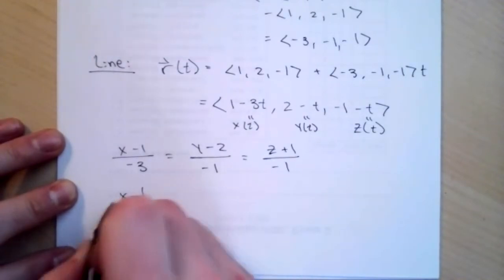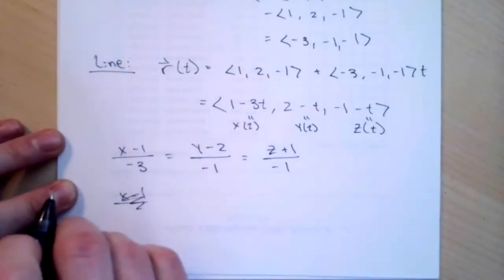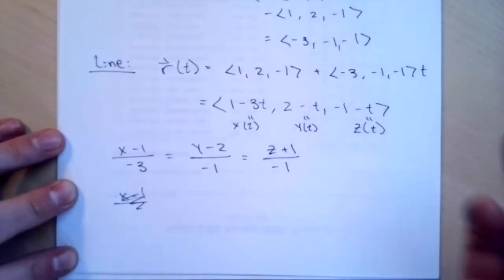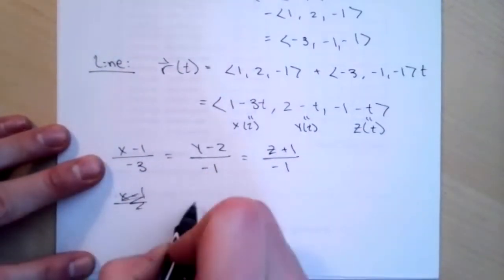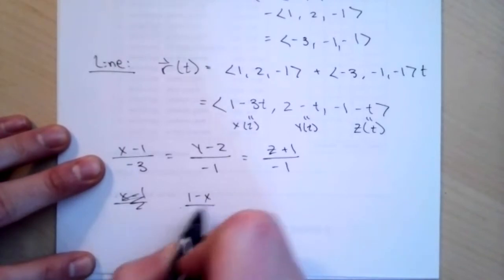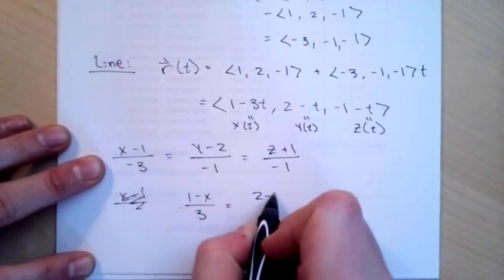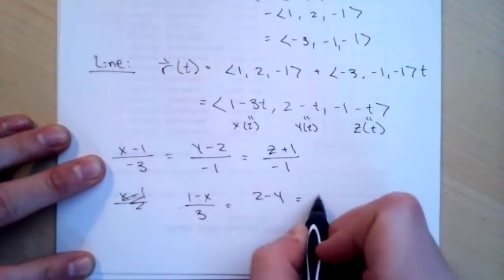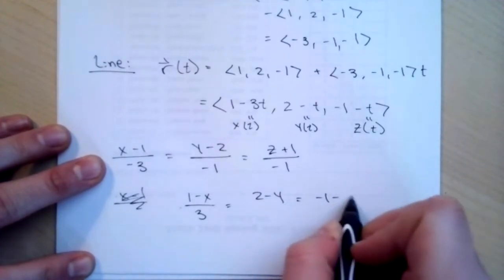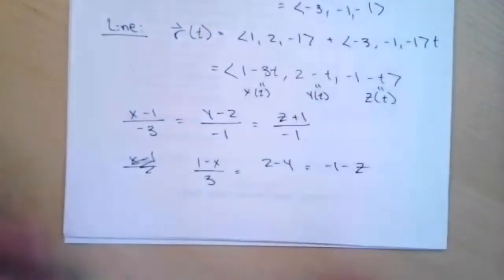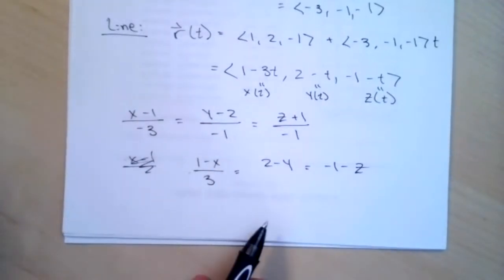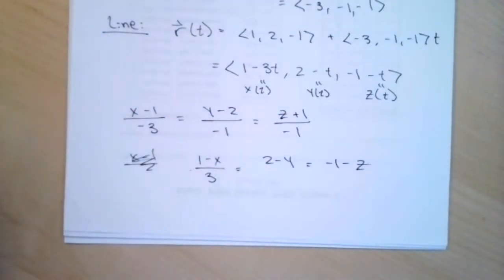If you want to finagle some of these minus signs in the denominator, you can do that as well. So we can write this as 1 minus x over 3 is equal to 2 minus y is equal to negative 1 minus z, just to get rid of those minus signs in the denominator. And of course, the minus ones aren't really needed.